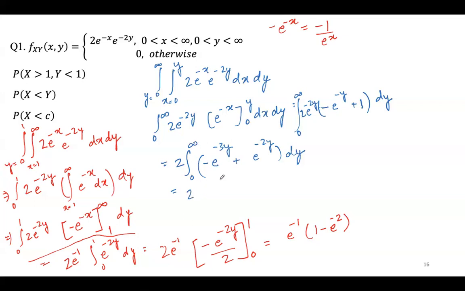So this 2 stays out. This is going to be minus 3, which goes in the denominator, so it's going to be e to the power minus 3y by 3, with the limits between 0 and infinity. And plus, this is going to be actually minus here, minus e to the power minus 2y upon 2, from 0 to infinity. This whole thing right here.